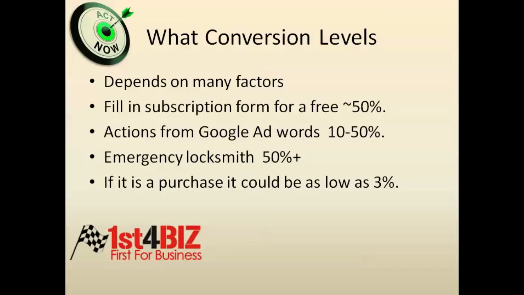If someone needs to make a purchase there and then, it should be high. So generally emergency services such as a locksmith are very high. If it's actually purchasing something, it can actually be relatively low depending on what they see and what they need to do.